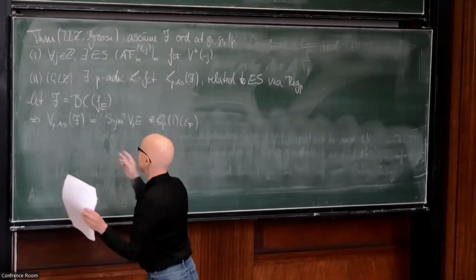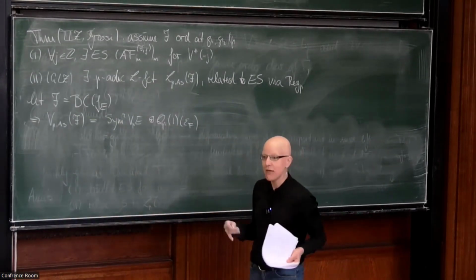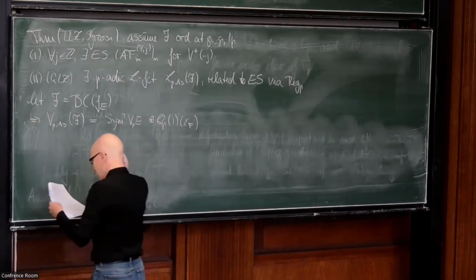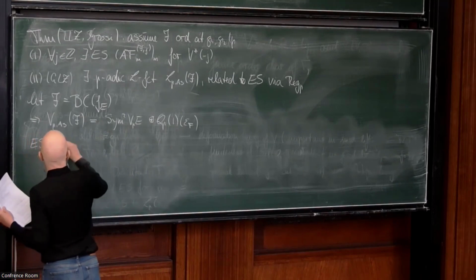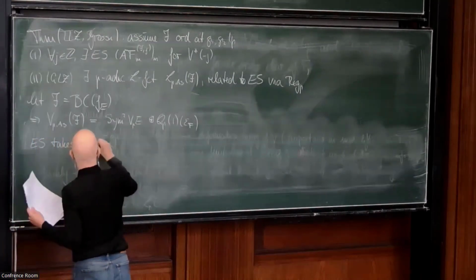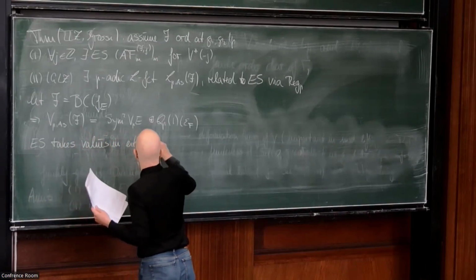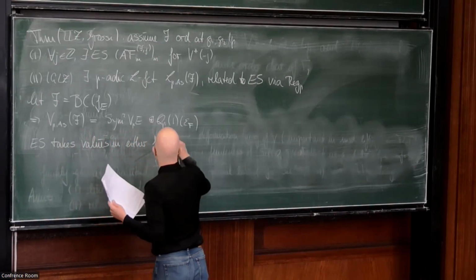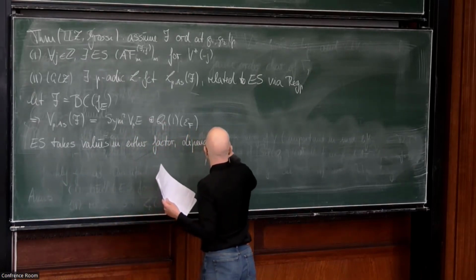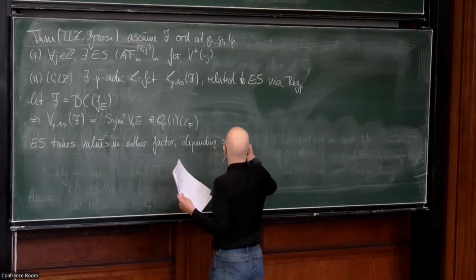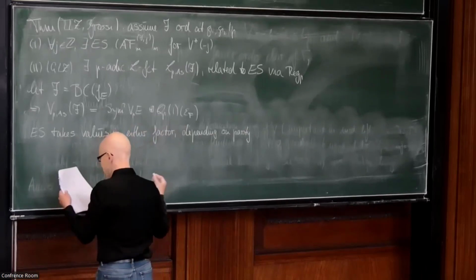As in the Rankin-Selberg case, the Euler system will take values in one or the other summand, depending on the parity. So again, the Euler system takes values in either factor depending on the parity, and we take j equal to 1.